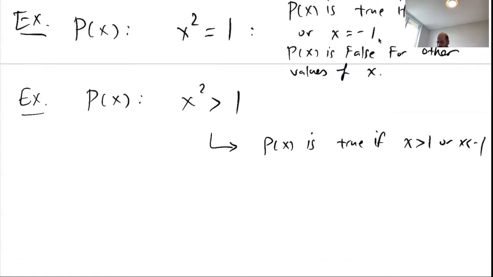And p of x is false if x is bigger than or equal to minus 1, less than or equal to 1. So for numbers within minus 1 to 1, p of x is false. And for the other values of x, namely x bigger than 1 and x less than minus 1, p of x is true.